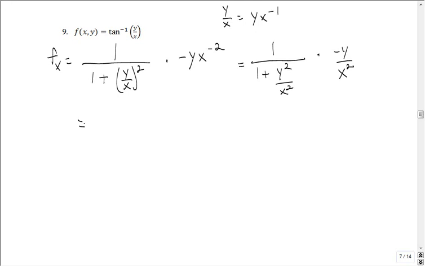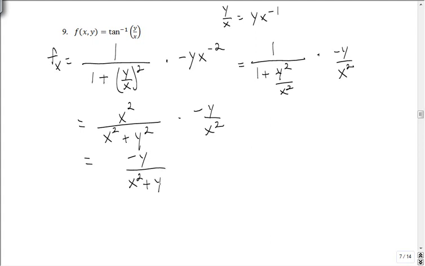To simplify that complex fraction, I'm going to multiply everything by x squared. So get rid of this stuff here. So you have x squared at the top over x squared plus y squared. That works out really nicely. Times this minus y over x squared. Cancel. You have minus y over x squared plus y squared. So that is the partial with respect to x.